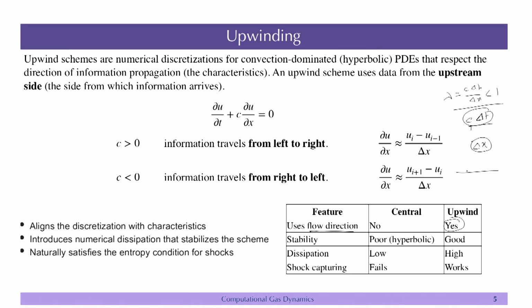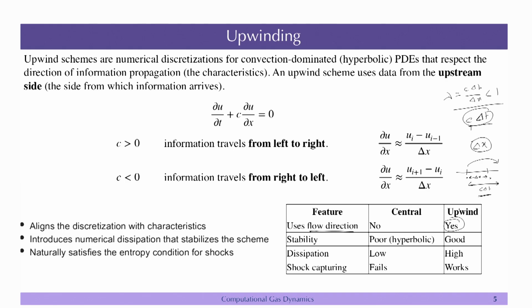The information going from one grid point to another should not jump over the cells. Suppose C delta t is greater than delta x, then it will jump over the cell and lose the information there, and the solutions become unstable.